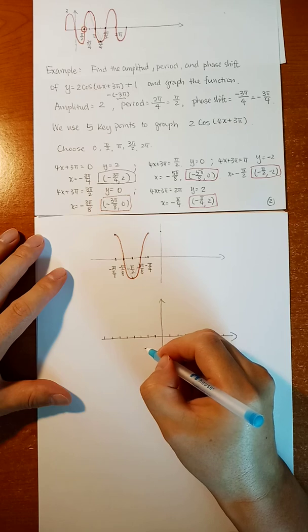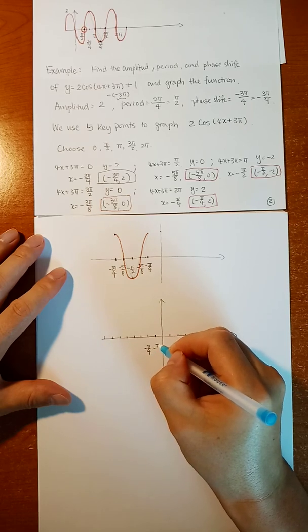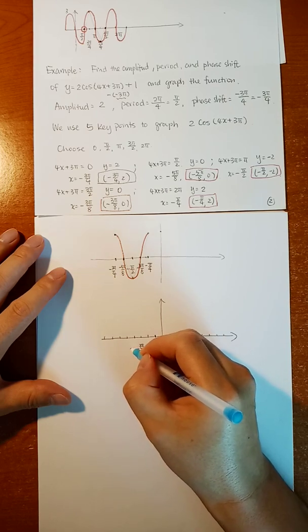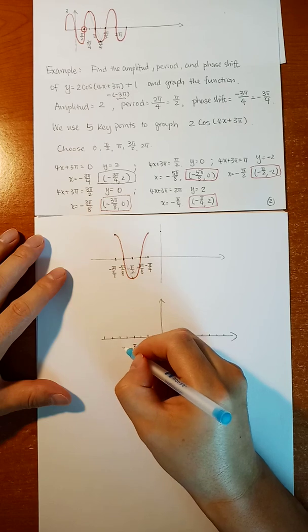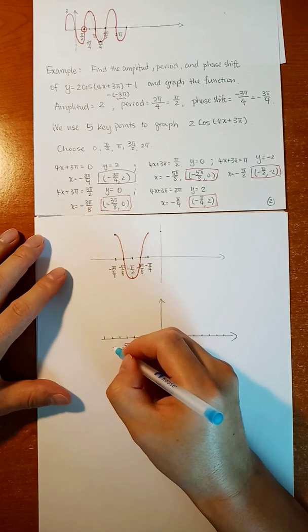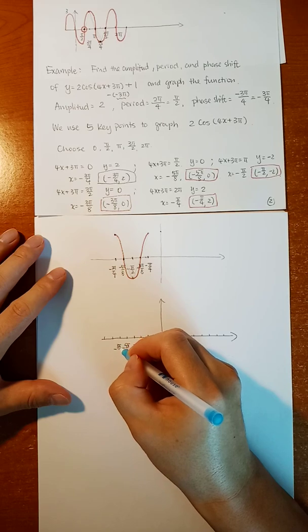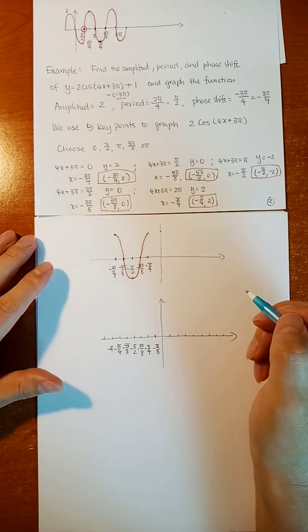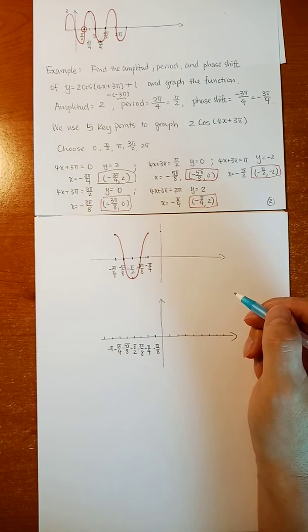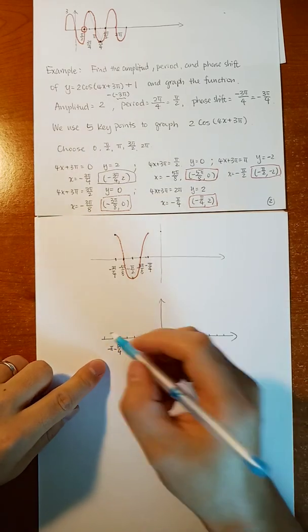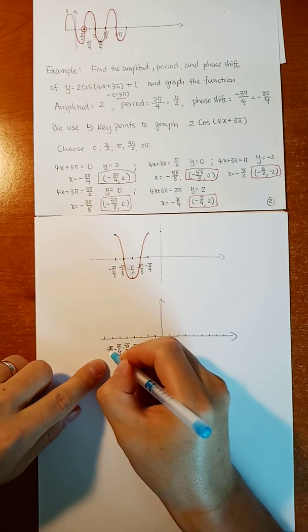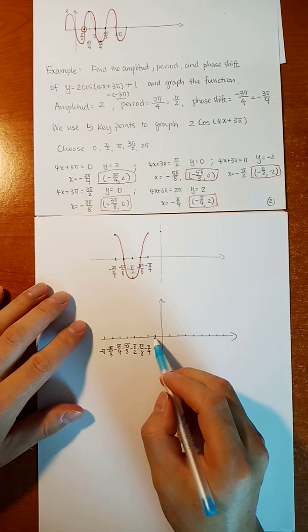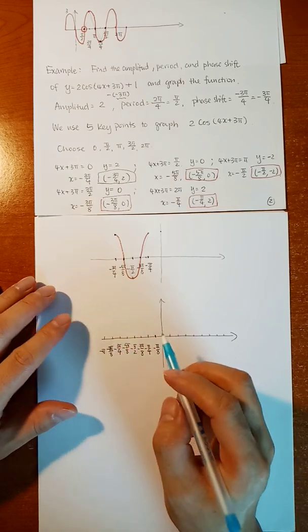This is negative pi over 4, negative pi over 8, negative 3 pi over 8, negative pi over 2, negative 5 pi over 8, negative 3 pi over 4, negative 7 pi over 8, and this is negative pi. Yeah, this is the right one.